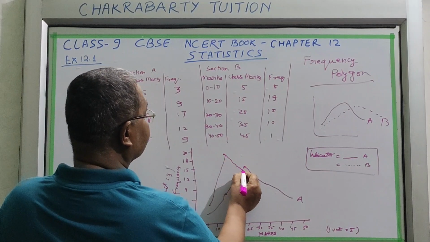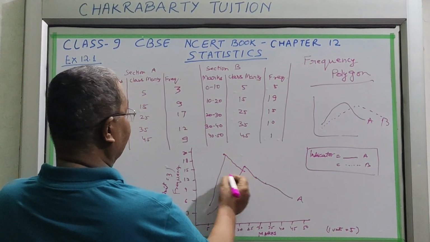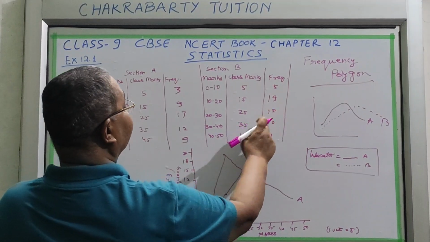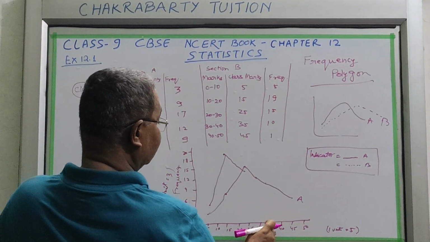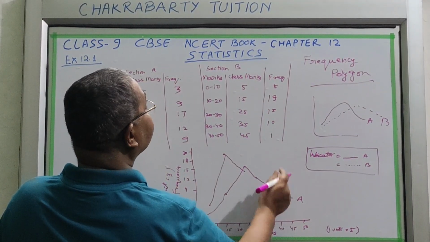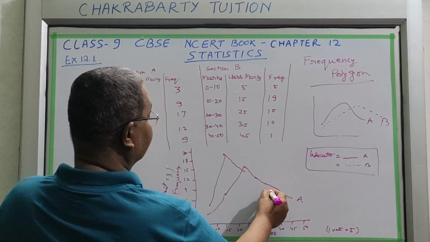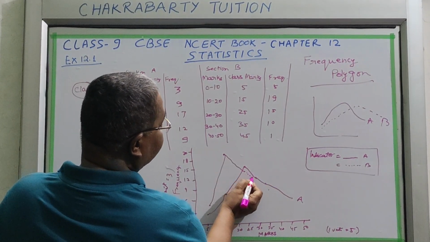For 35 it is 10, so 10 will be somewhere here.